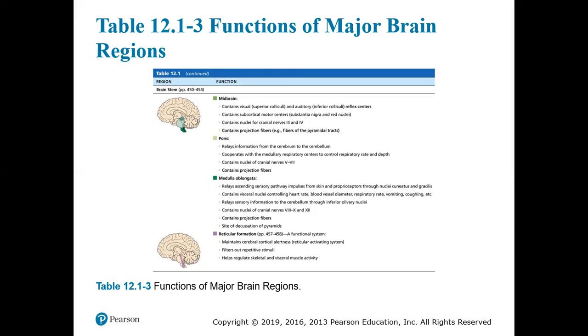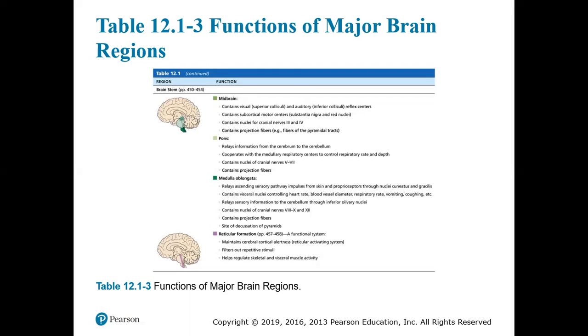It contains subcortical motor centers like the substantia nigra and the red nuclei. It contains nuclei for cranial nerves 3 and 4 and contains projection fibers, which are fibers of the pyramidal tracts.